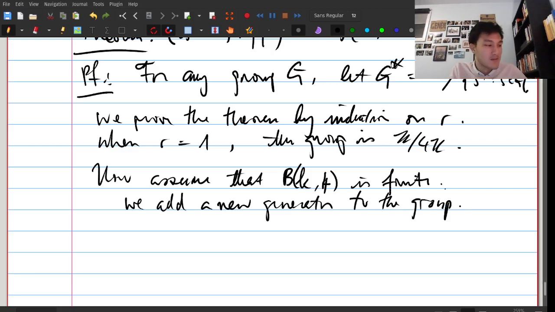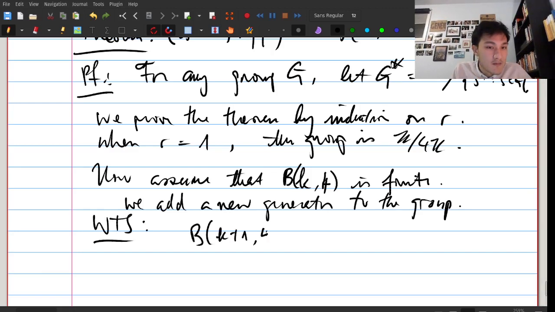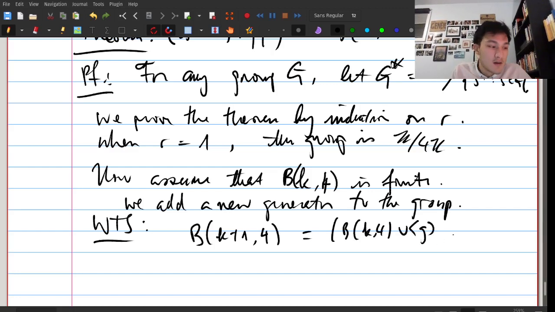So there's a little bit of a problem because we need the square to be in BK4 to apply the previous lemma. But it turns out that we can just do it in 2 steps. So we want to show that BK plus 1, 4, which is equal to BK4 union G star, is finite.